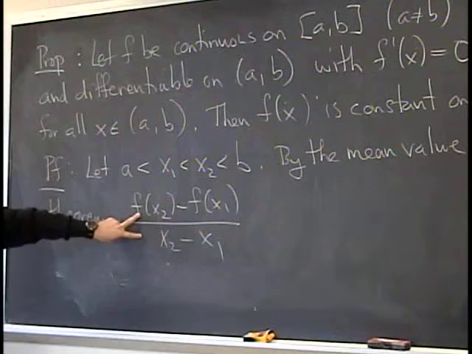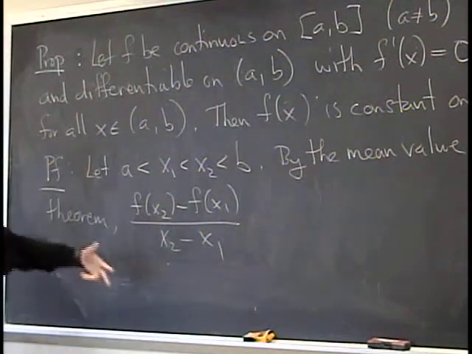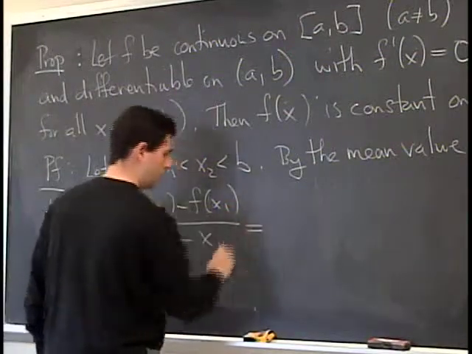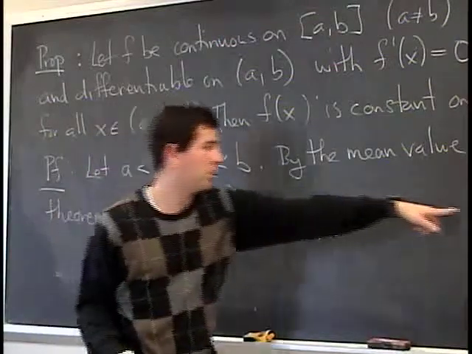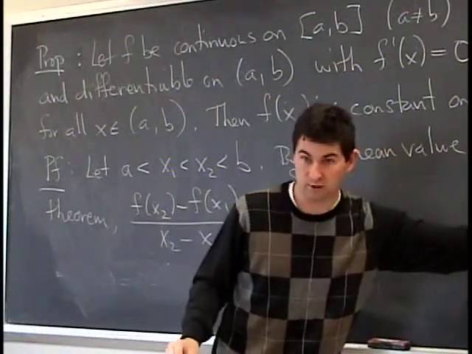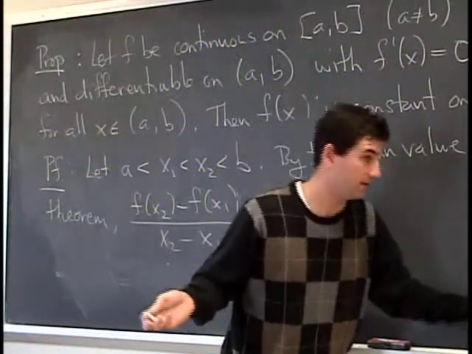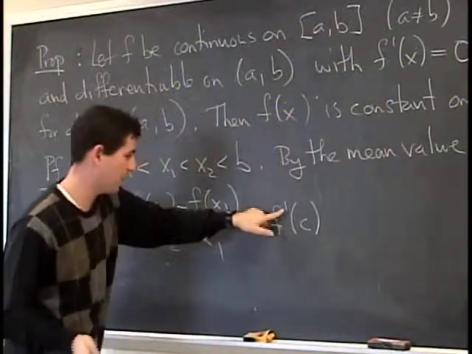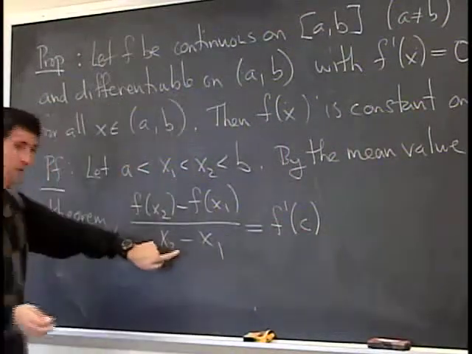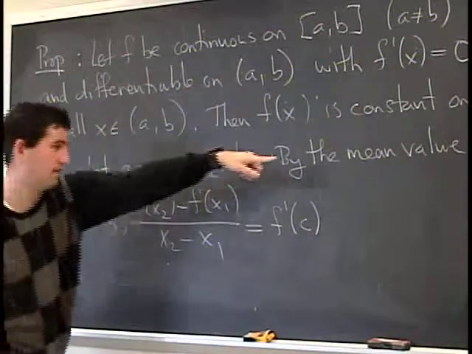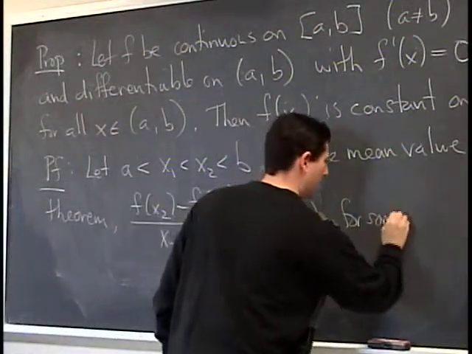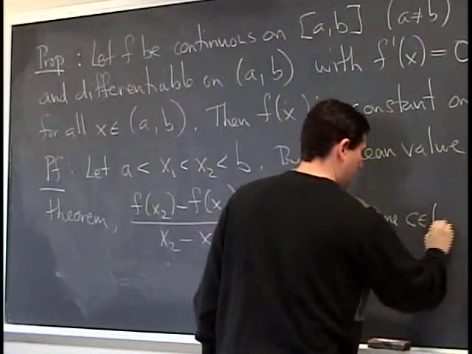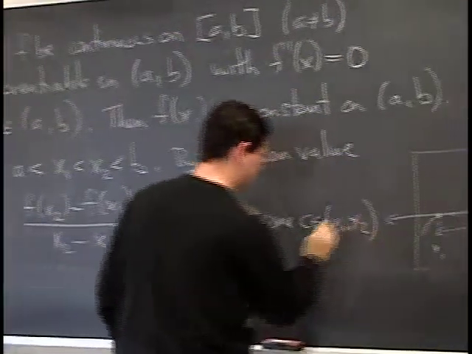So there's that average slope. And the mean value theorem says that there's some point in between, call it little c, such that the slope of the tangent line, which is just the derivative, at c equals the slope of the secant line, for some c in between x1 and x2.